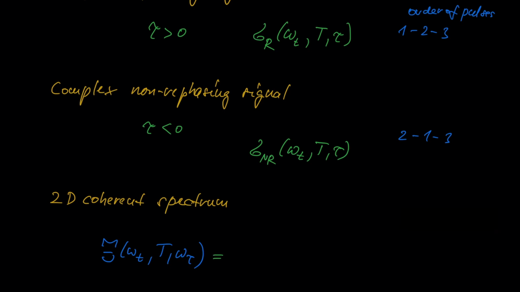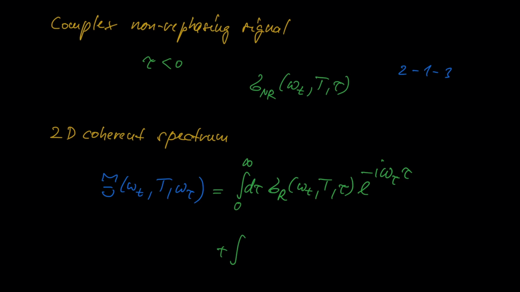And how do we get that? Well, we get that by Fourier transforming the tau variable. So this is integral from 0 to infinity d tau sigma r omega t capital T e to the power of minus I omega tau tau, and we add to this integration over absolute value of tau sigma non-rephasing here omega t absolute value of tau e to the power of I omega tau absolute value of tau.